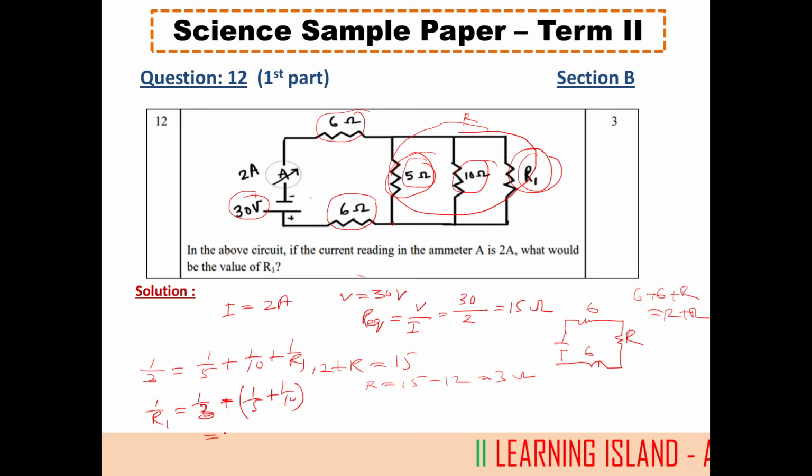On simplification, taking the LCM of 10, 2 plus 1, that means we are getting 1 by 3 minus 3 by 10. So finally it is 30. Now 10 minus 9, 1 by 30. So R1 equals 30 ohm.